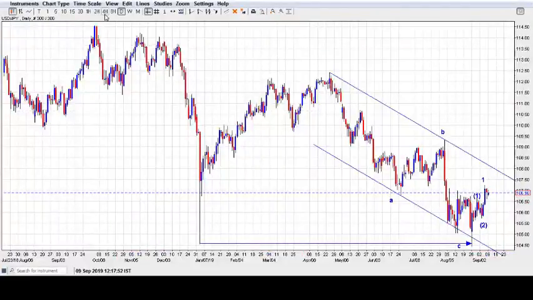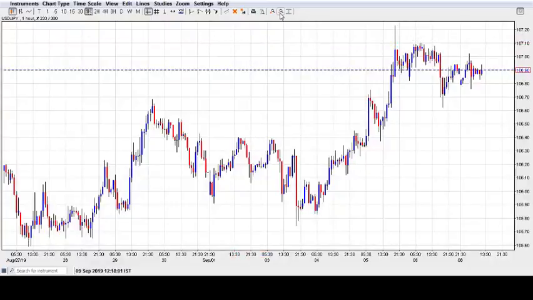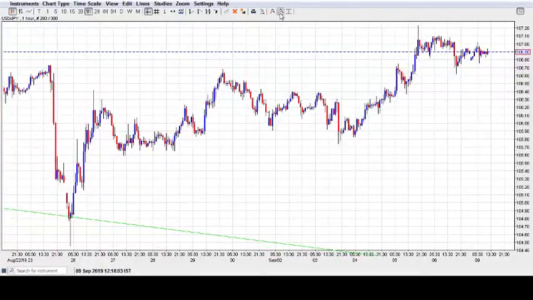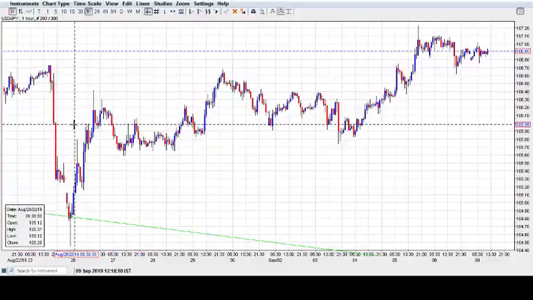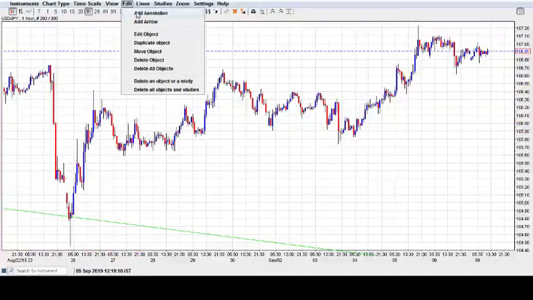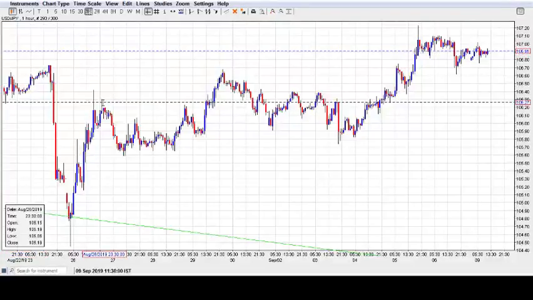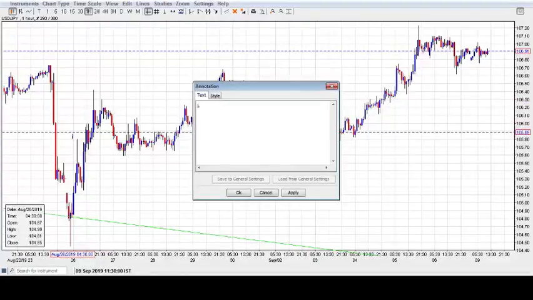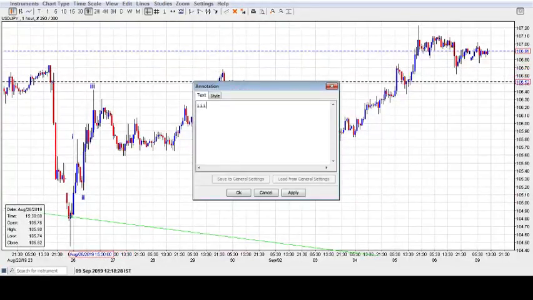Let's look at the hourly chart, the same structure. It's not an impulse, brothers, but we can still count five.